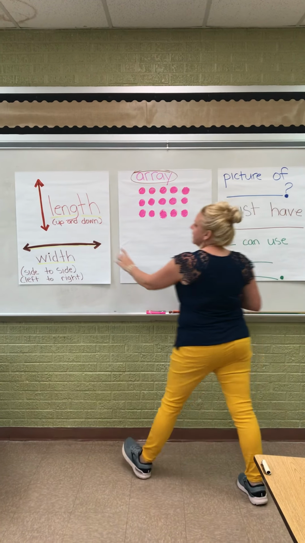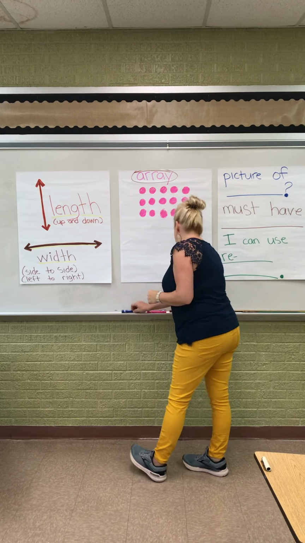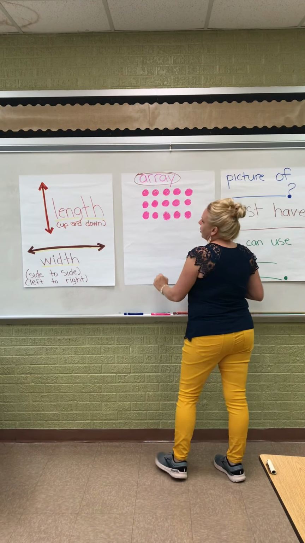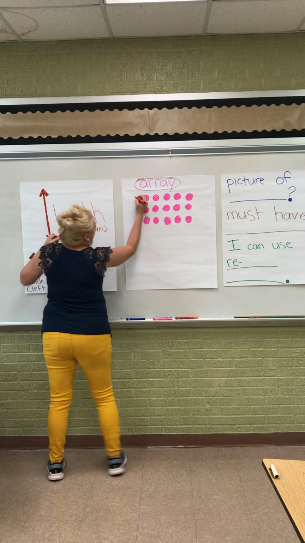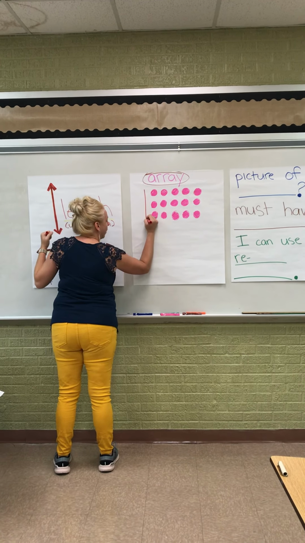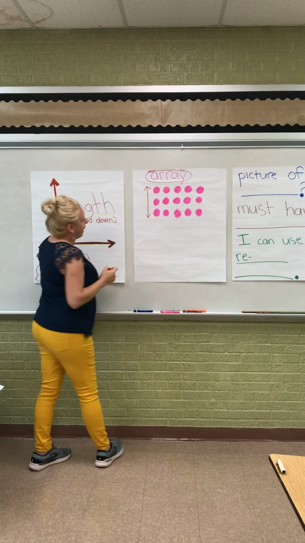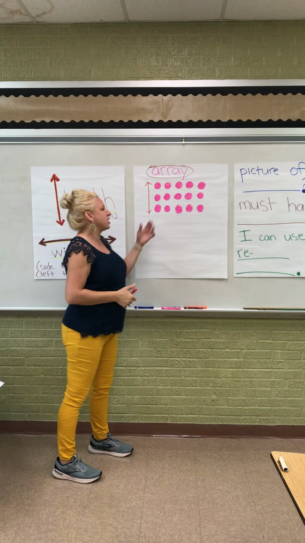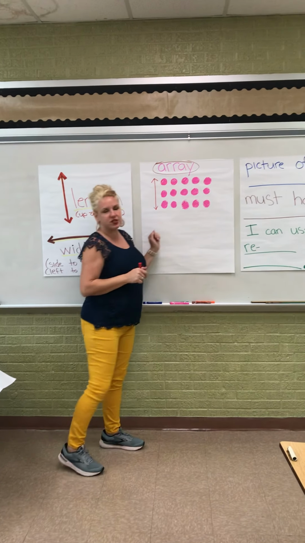So, let's look over at our chart, and here is our length. All right, we're going to go over and we're going to find our length, which goes up and down. We're going to go out to the side, up and down. Now, these circles, I just showed a circle. You can use triangle, square, whatever. Hearts.